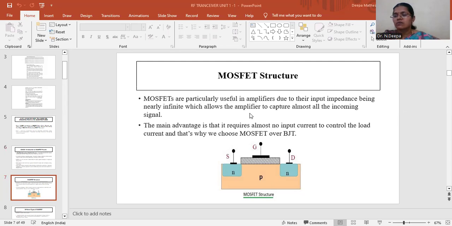The layer of the substrate is coated with a layer of silicon dioxide for insulation. A thin insulated metallic plate is kept on top of the silicon dioxide and it acts as a capacitor. The gate terminal is brought out from the thin metallic plate. A DC circuit is then formed by connecting the voltage source between these two n-type regions.